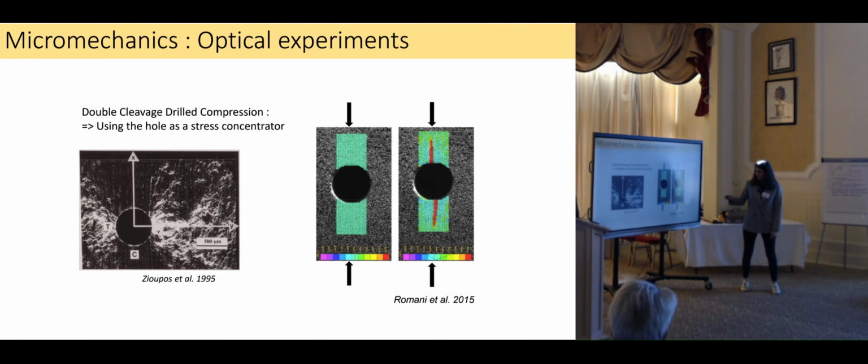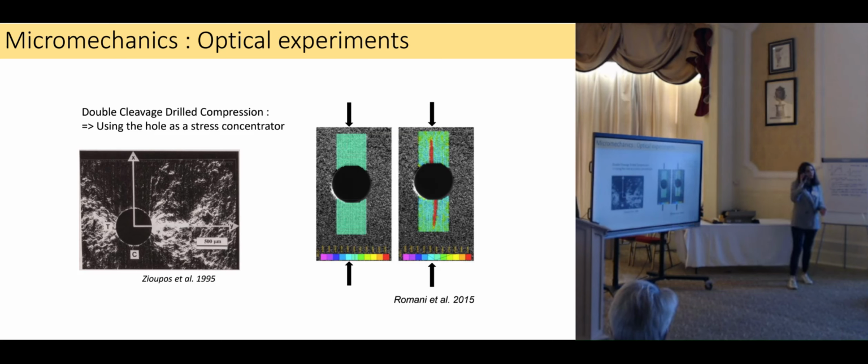But then if you go one scale up, so if you look at optical experiments, what you can do is just de-zoom a little bit, so you know potentially where your failure is going to happen and where everything is going to take place. So what we did is that we took similar samples, anisotropic samples, because anisotropy is fun, and why not?